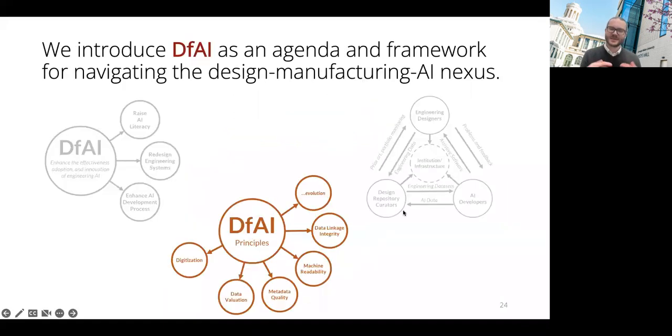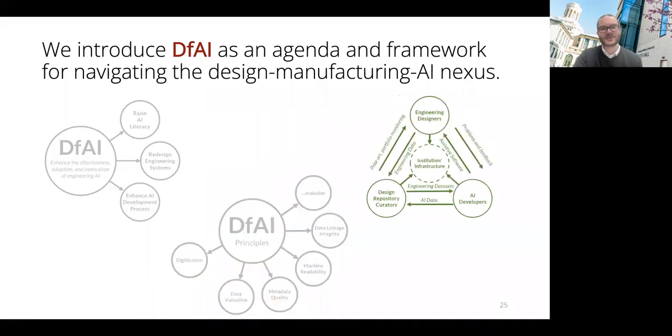So that's the high-level overview of these DeFi principles and of the potential value of these principles. But the last question, and probably the most important one, is who are going to be the DeFi doers, right? Who are going to be the people who put these principles into practice and actually make change and make the world a better place with AI? So we gave that some thought too.